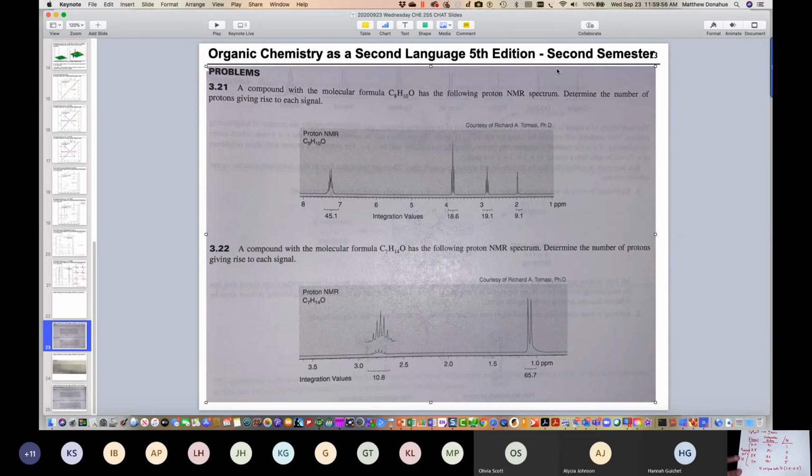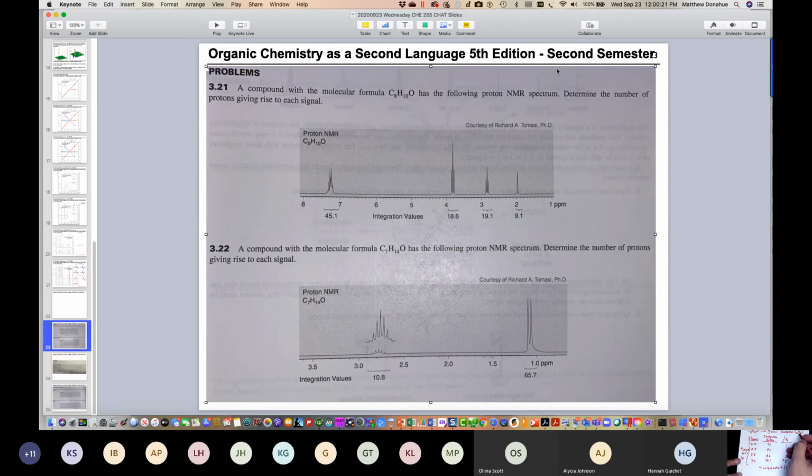We're going to run a little bit over, but I think we can solve this in the next couple minutes. So we saw before that 4 degrees of unsaturation is likely a benzene ring, right? Which is C6H6. But we have this group here that integrates to 5.